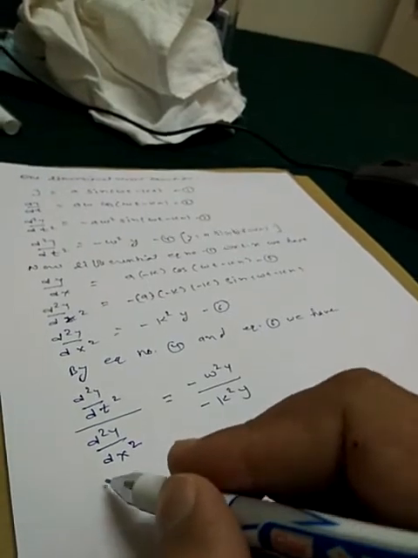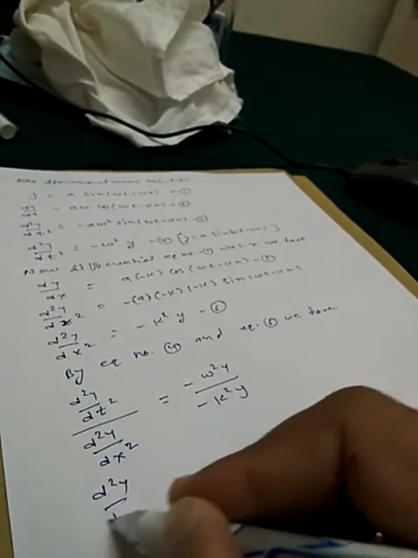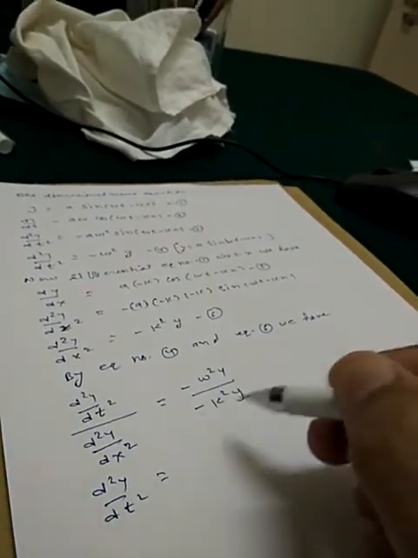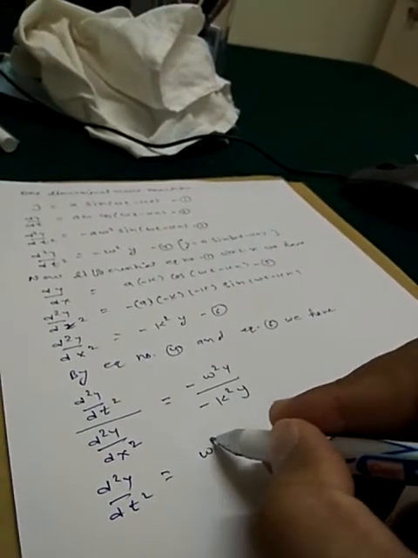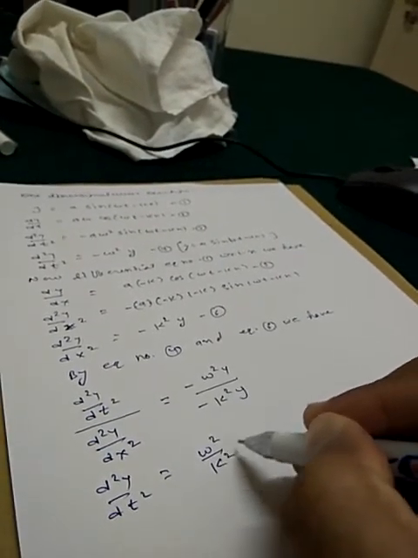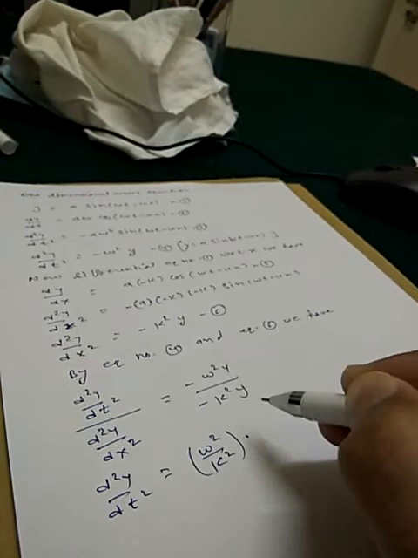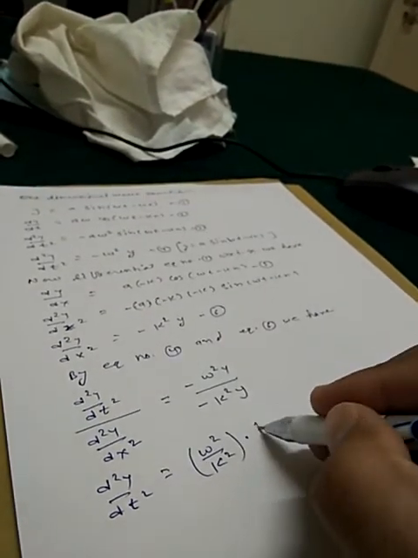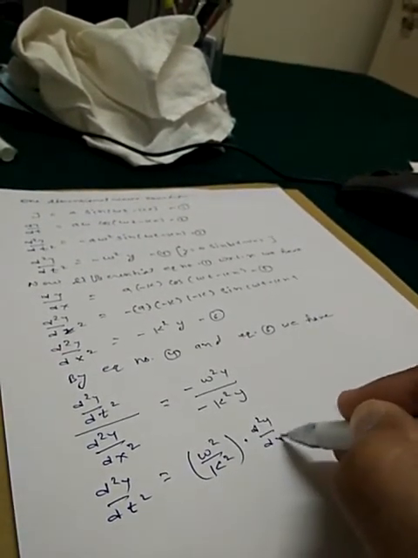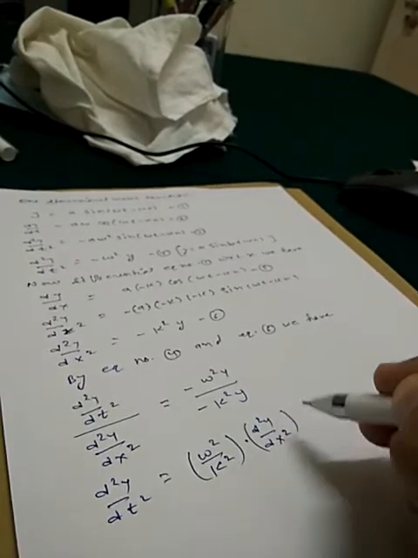Here we have d2y upon dt square equal to omega square upon k square into d2y upon dx square.